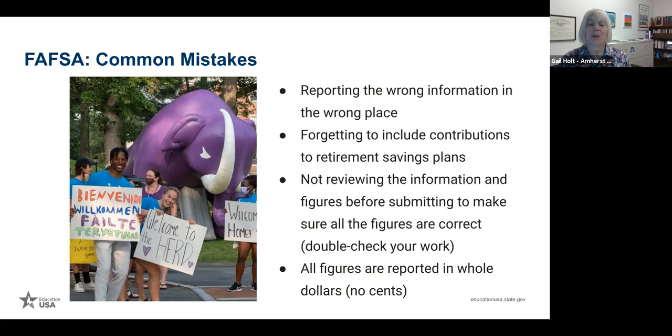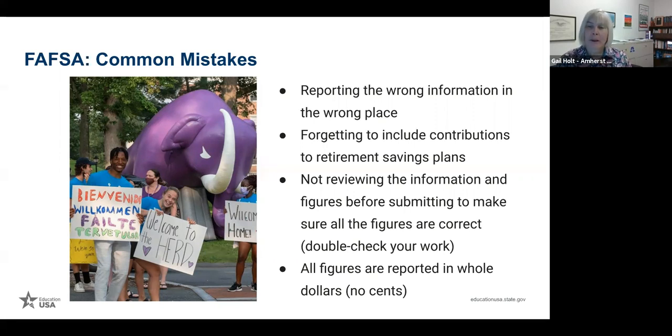So you want to make sure that you're looking at the questions carefully and responding to who the information is being asked for. And just remember that the application is actually the student's application. So when the application is asking for your information, that usually is referring to the student, but the applications have gotten better and become more specific in labeling and specifying student versus parents.